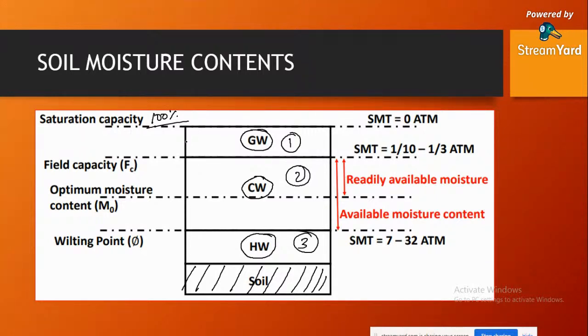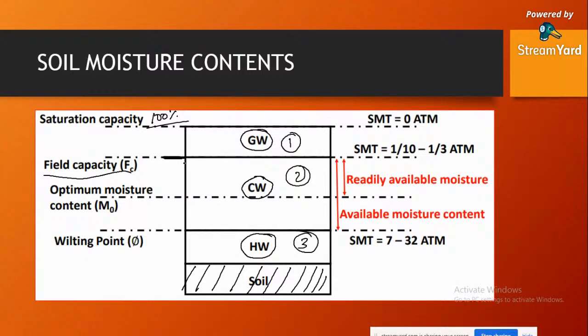Then the lowest limit of the gravitational water, or the upper limit of the capillary water, is called field capacity. Field capacity means this is the minimum amount of moisture content which is retained in the voids of the soil and which cannot be drained due to the action of the gravity force.